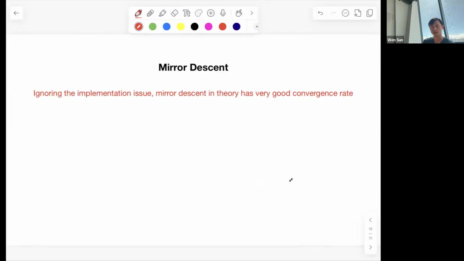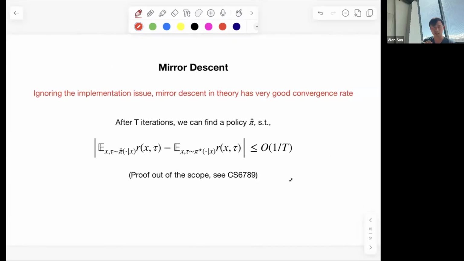Let's say that we are happy with just doing everything in this analytical ideal form. So mirror descent in theory has a very good convergence rate. I think you learned that in the class already.